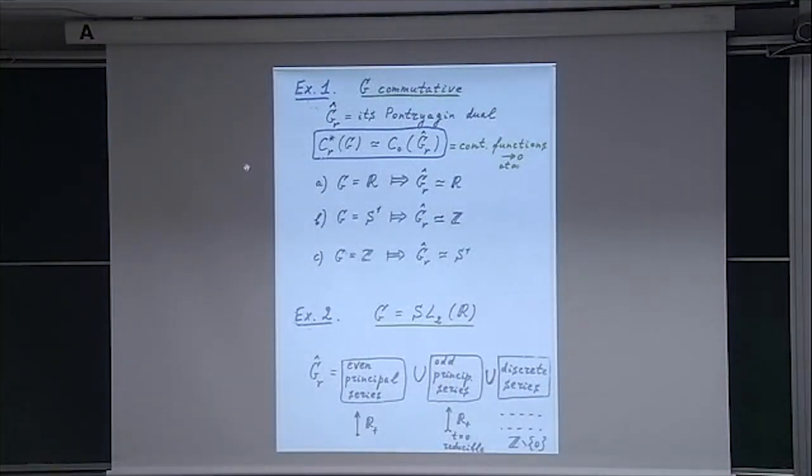A more sophisticated example is this one, SL2R. This is a non-compact, locally compact non-commutative group, and there are three different kinds of representations. The principal series decomposes into two parts called even principal series and odd principal series. And also there are some discrete points, discrete series representations.